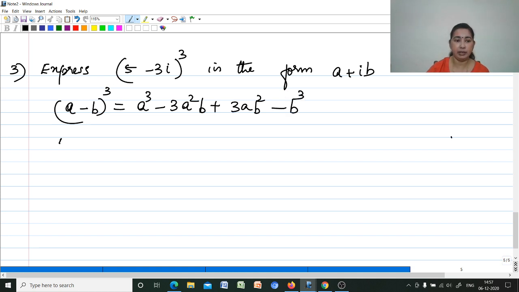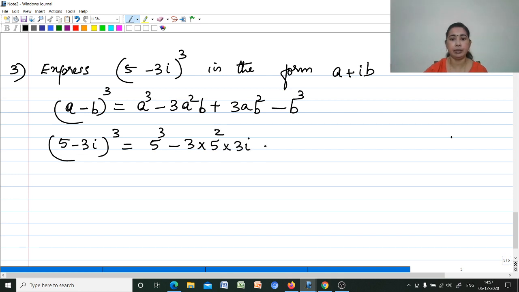So expanding 5 minus 3i whole cube can be written as 5 cube minus 3 into 5 square into 3i plus 3 into 5 into 3i whole square, then minus 3i whole cube.